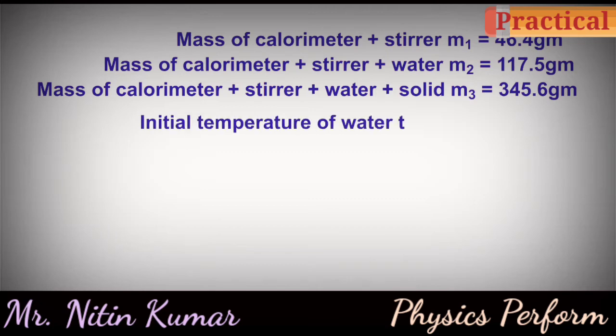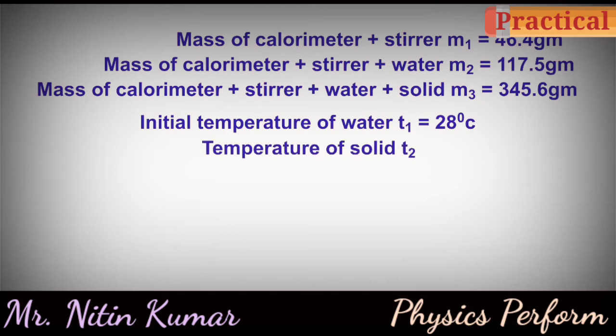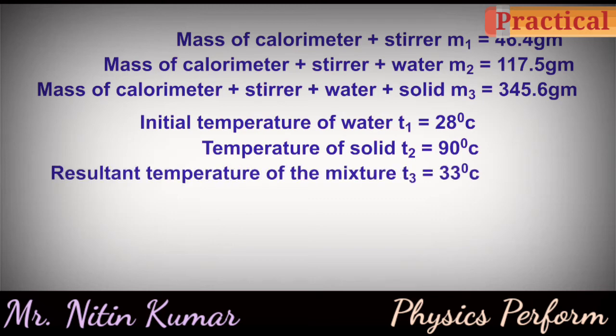Initial temperature of water T1 is equal to 28 degrees Celsius. Temperature of the solid T2 is equal to 90 degrees Celsius. Resultant temperature of the mixture T3 is equal to 33 degrees Celsius.